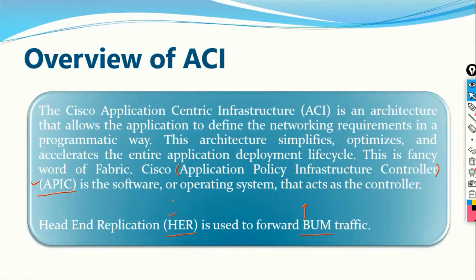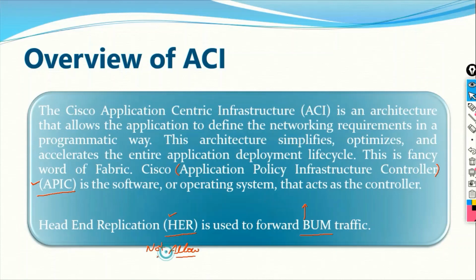But yes, if we want to run broadcast traffic, multicast traffic or unknown unicast traffic in our infrastructure, then we need to specifically go and allow this BUM traffic. By default, broadcast traffic is not allowed, right?